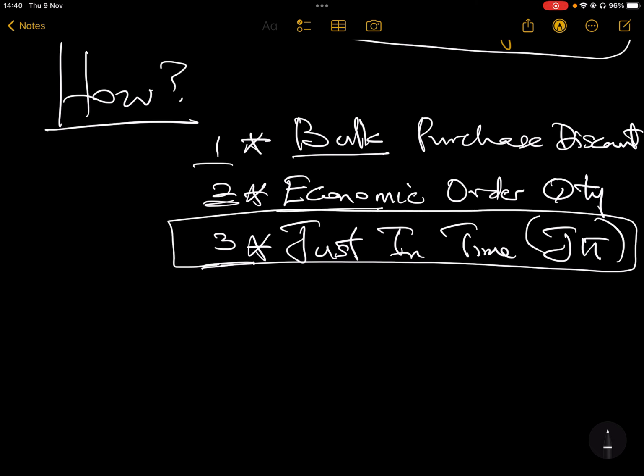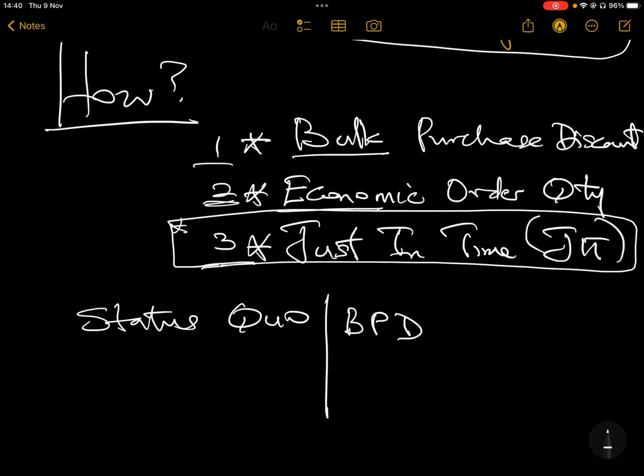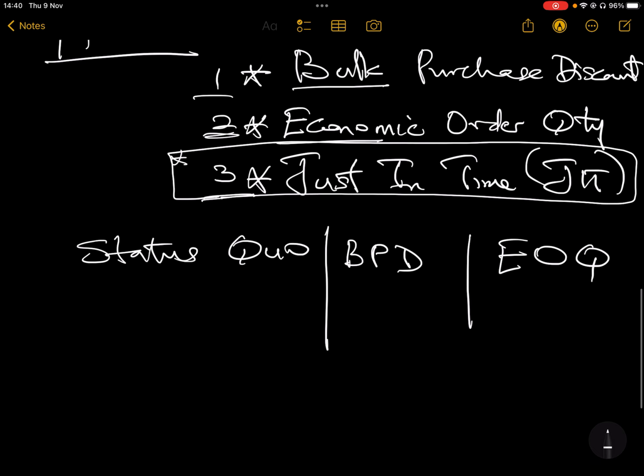So what you need to focus on calculation is one and two, but you need to understand what just-in-time is all about. And how do you decide in that question whether a company should hold on as it is, status quo, which means continue the business as usual, or they should use bulk purchase discount, or they should use EOQ? Usually, that is how you'll be tested.